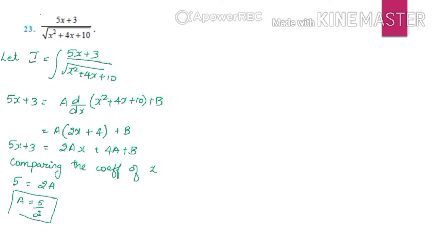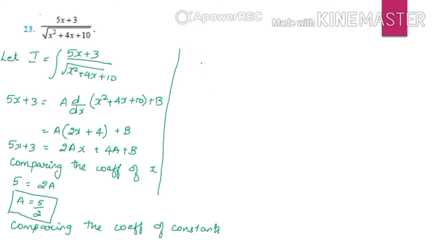Next, we have to find the value of B. For that we have to compare the constants. So 3 is equal to 4A plus B. But we have the A value to be 5 by 2.